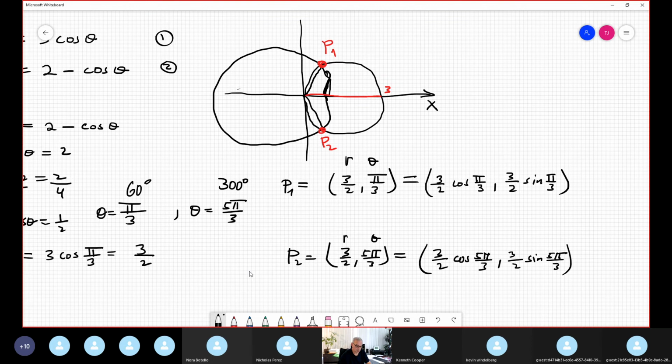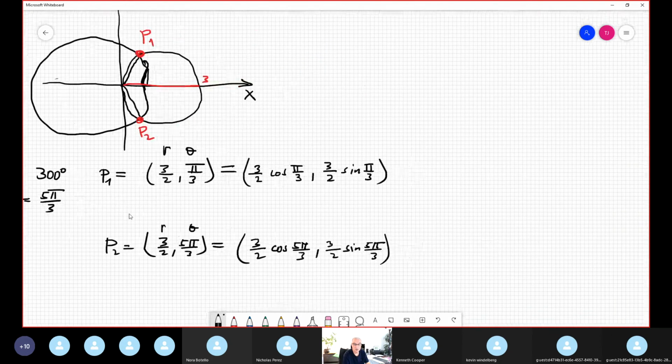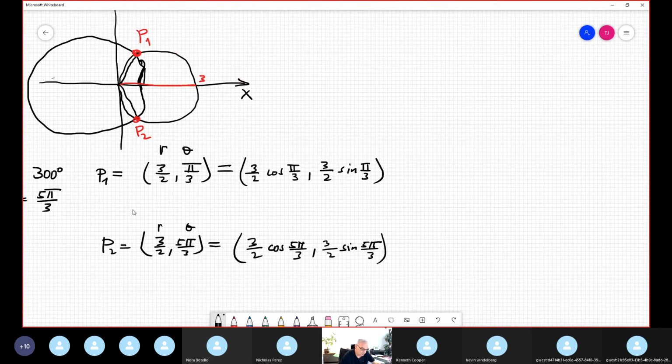Okay. Entonces, in this case, this is an easy value. We can compute by hand. Cosine pi over 3 is 1/2, and this is 3 over 4. Comma, something. And the y value is radical 3 over 2, so 3 radical 3 over 4.